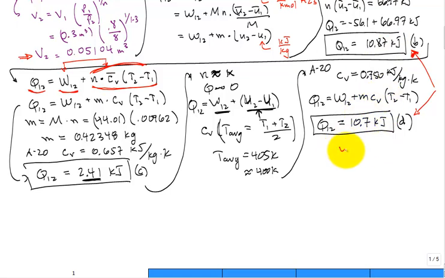Sometimes I'll say this is a warm analysis versus if you use a constant specific heat at room temperature, it'd be like a cold. So there you go. So with that, we'll go ahead and stop this problem.